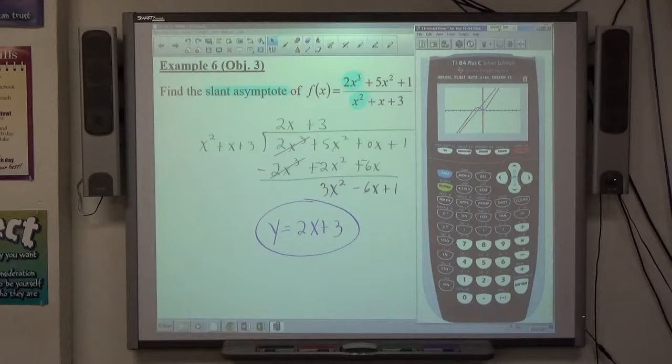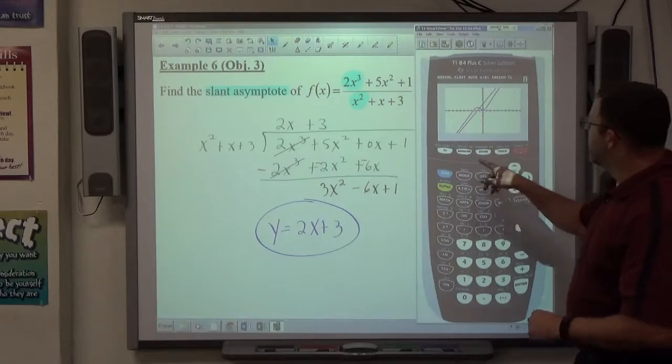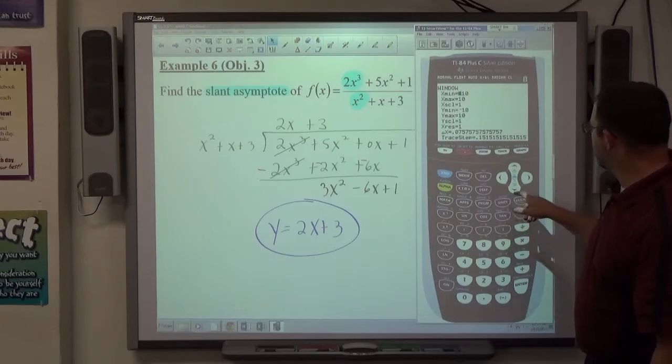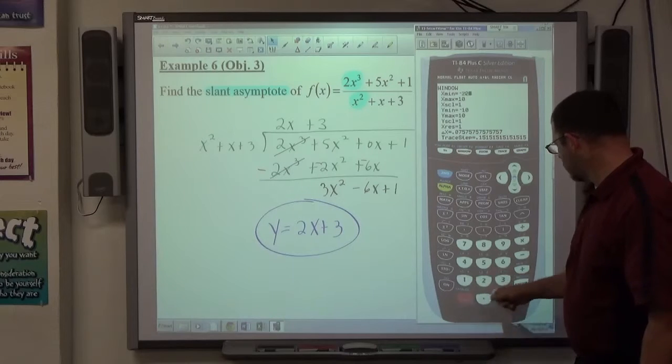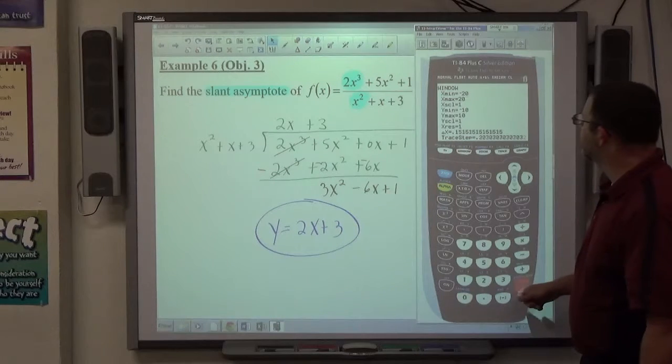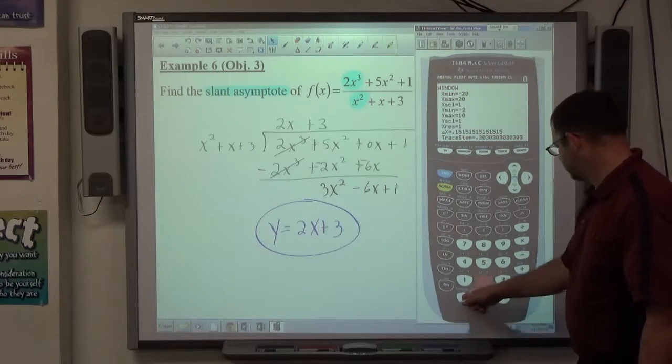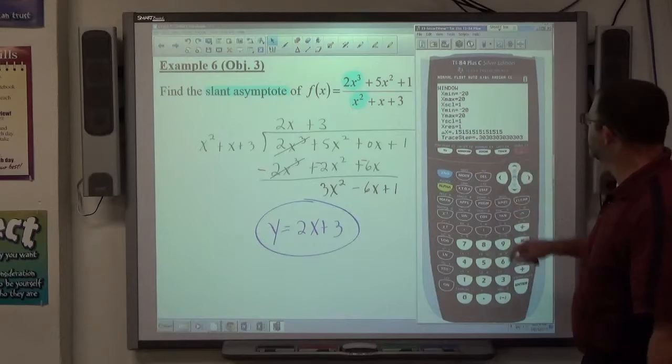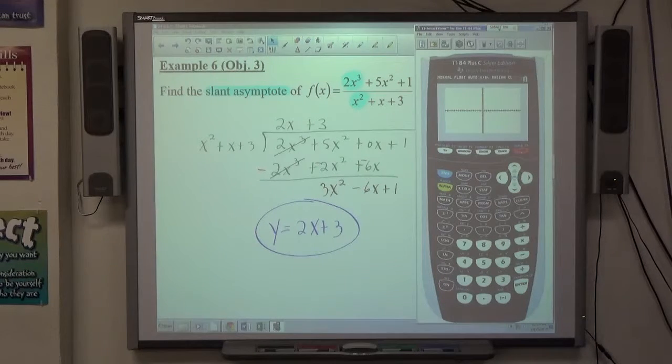And you see the graph is kind of approaching that line. If I extend the window out some, let's go negative 20 to 20 in all directions. There's our original graph. There's that little jump around there. And there's my line, and again the graph is close to it.